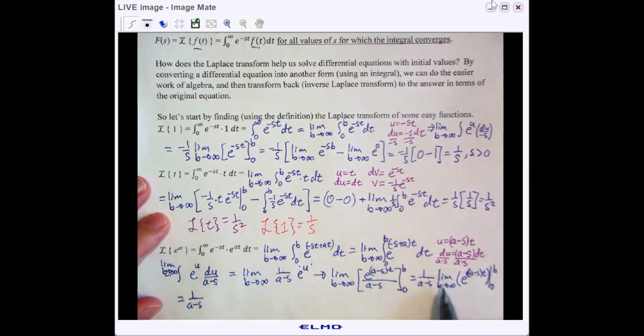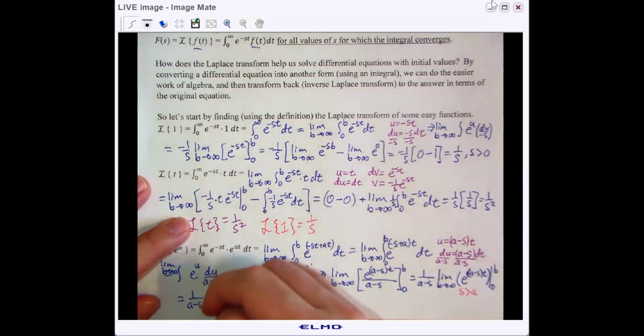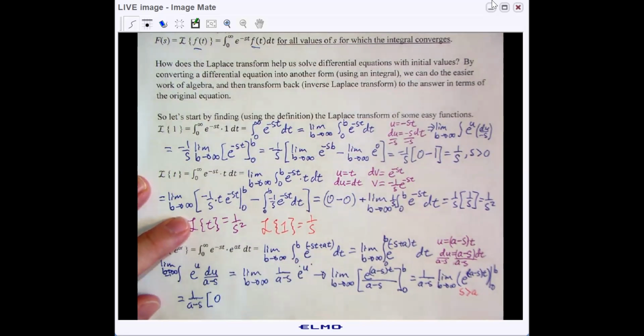And if we put this in, and if we let t be b as b goes to infinity, okay, if s is greater than a, so let me write that down. So if s is greater than a, that will give me a negative number here. And so e to the negative number will go to 0. And when we stick a 0 in for t, we'll get 1 here, but on the evaluation of the limit, we subtract because it's the second one, f of b minus f of a.